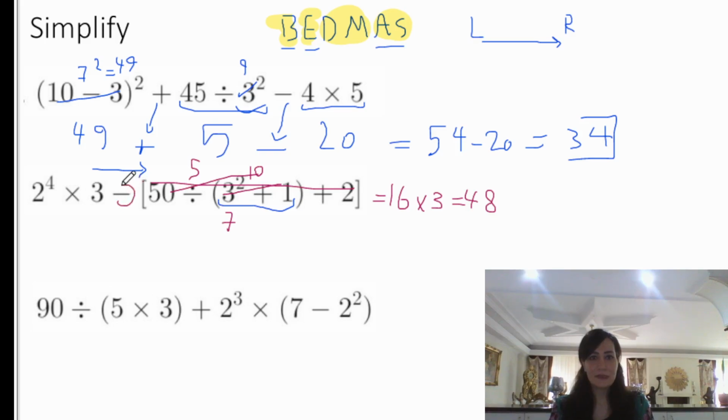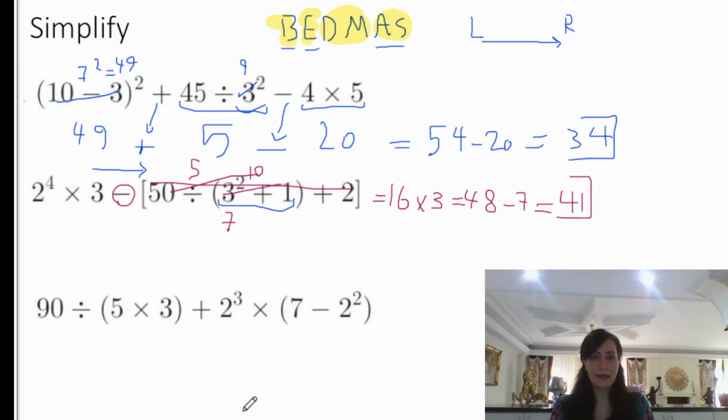And between this 48 and this 7, I have a subtraction sign. So the final answer, I should get 41. Great job.